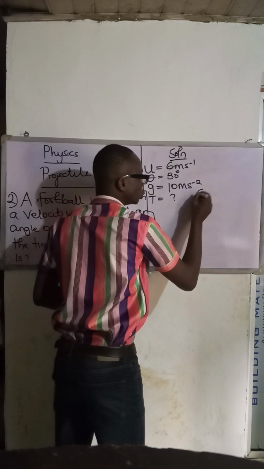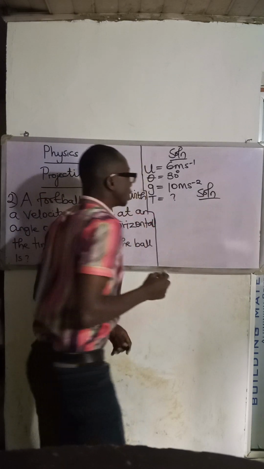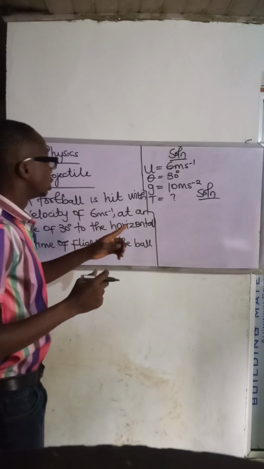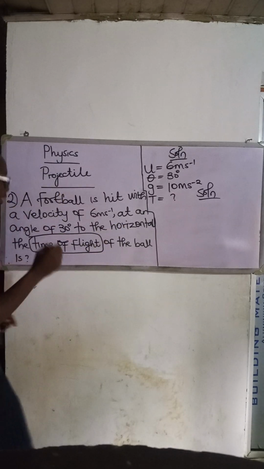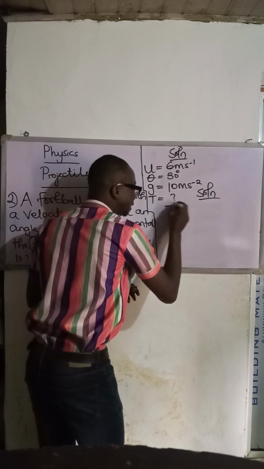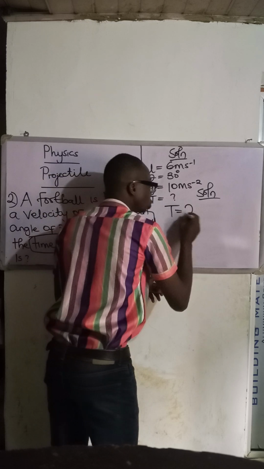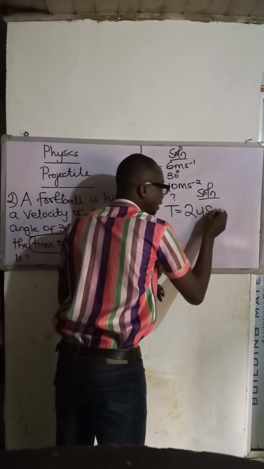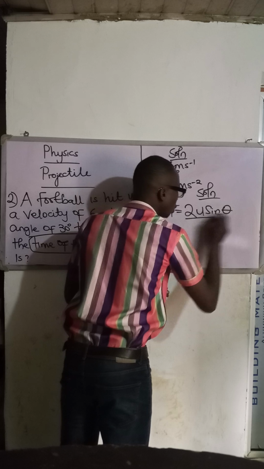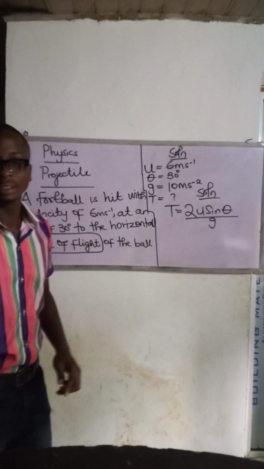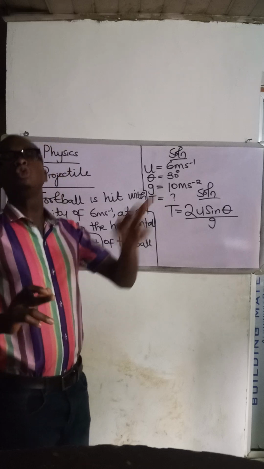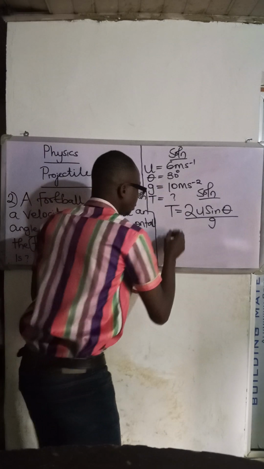Now let's solve. Solution. Since they ask to calculate for the time of flight, we are going to be using t is equal to 2u sine theta over g. Previously, we just used u sine theta over g. But in this case, we will be using 2u sine theta over g.